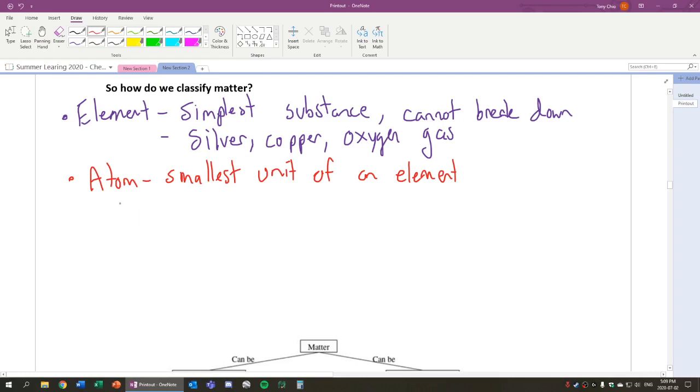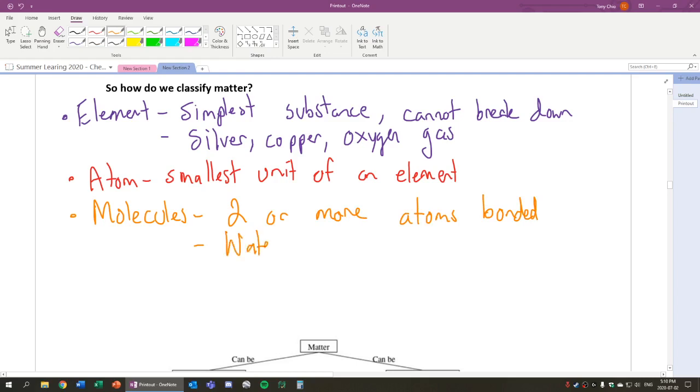Okay. Then we also have molecules. Molecules are defined as two or more atoms bonded together. So an example of that would be water. Water is a molecule. CO2 is a molecule. Okay, so those are examples of molecules.